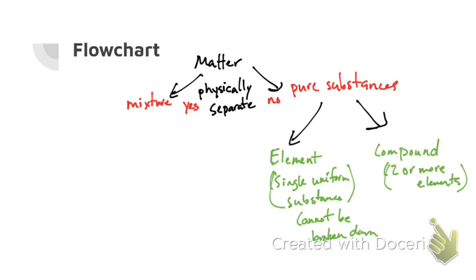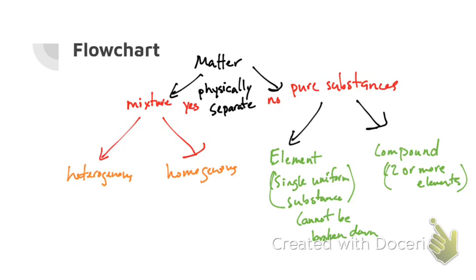All right, so let's get into the mixture part. A mixture can either be heterogeneous or homogeneous.